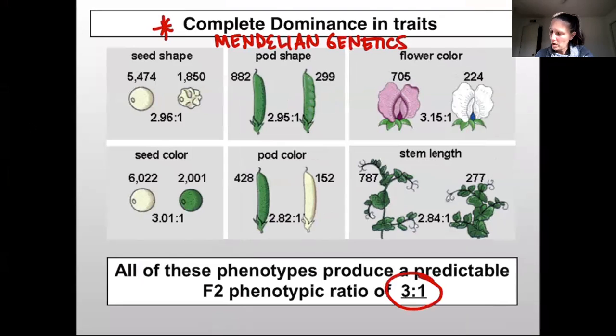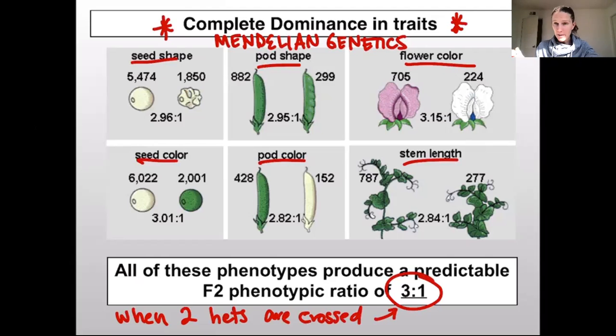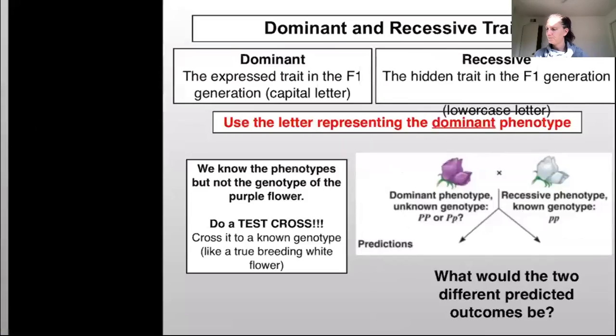So when two hets are crossed, you will always get a 3-to-1 ratio. And this occurs in seed shape, pod shape, flower color, seed color, pod color, stem length. Turns out that pea plants are very, very predictable because almost all of their traits are determined by complete dominance or very predictable Mendelian genetics. Again, showing what an awesome model organism pea plants were for studying this.